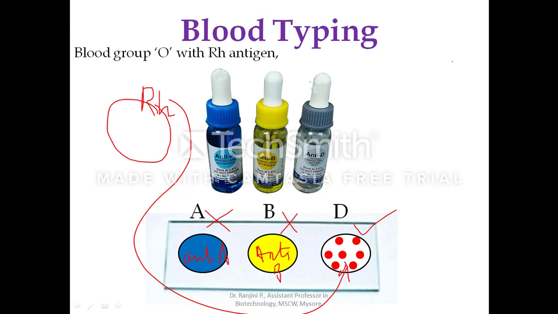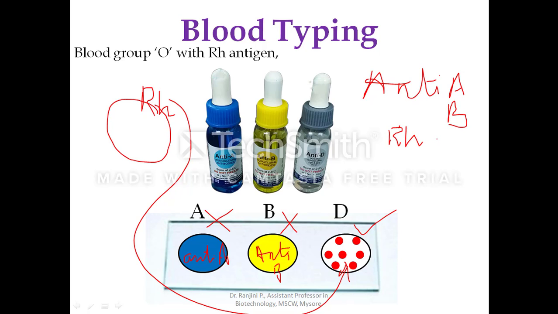So these individuals will not carry the antigens A and B, but they carry the antibodies anti-A and anti-B, and they carry the RH antigen.